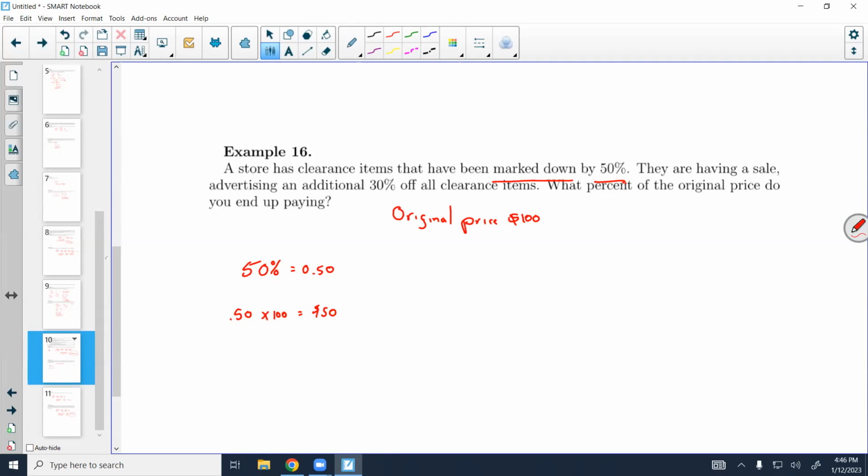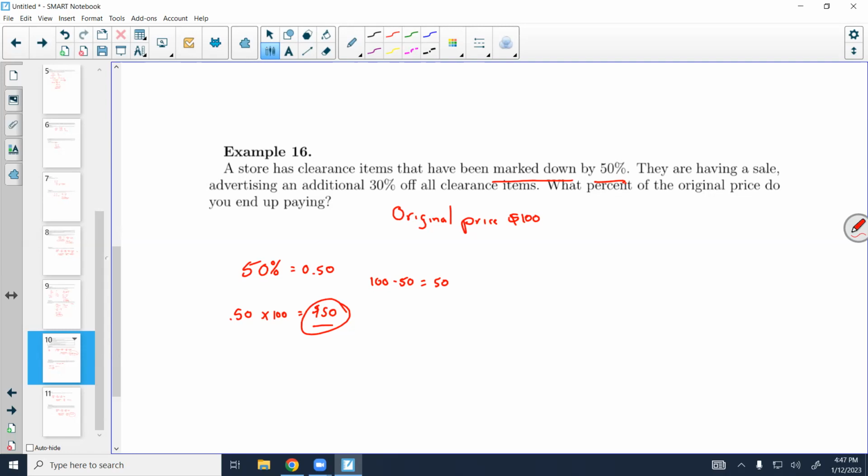Now, that's a $50 markdown from the original price. So we have 100 minus 50 equals 50. Now what happens here, I need to change this example, I keep forgetting, is people think it's this 50. But it's not, it's 100 minus 50, which is 50.